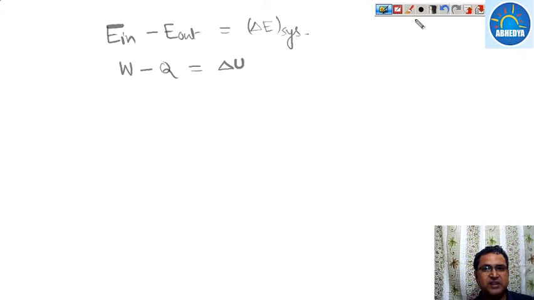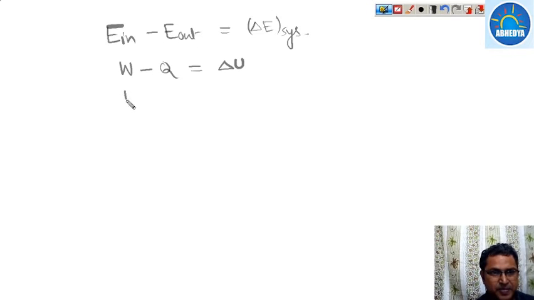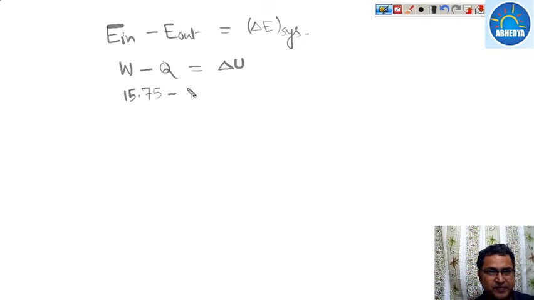Work is 15.75 minus the heat transferred, 37.6, equal to delta U.